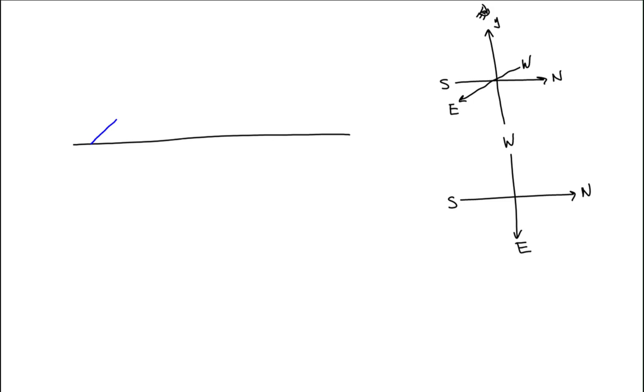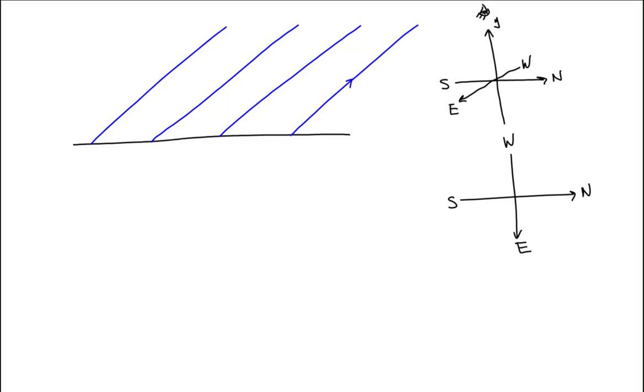We're told that at a certain point on Earth's surface, the magnetic field points upward and northward, as indicated by our magnetic field lines. These lines are indicating a uniform magnetic field, and we will label the direction as being equal to 55 degrees above the horizontal.